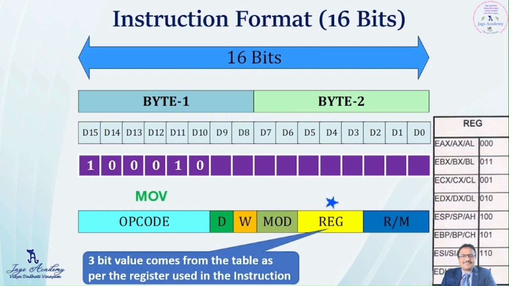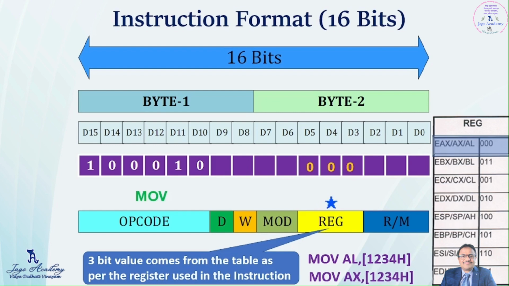For example, if I use this top instruction, AL or AX, whether it is AL or AX, what is the 3-bit value I should put into your D5, D4 and D3? You got it from the table. Now this 0, 0, 0 will be inserted into D5, D4, D3.